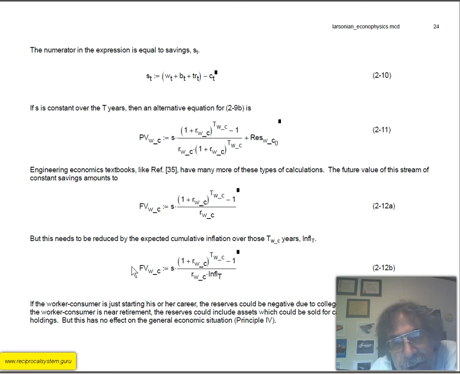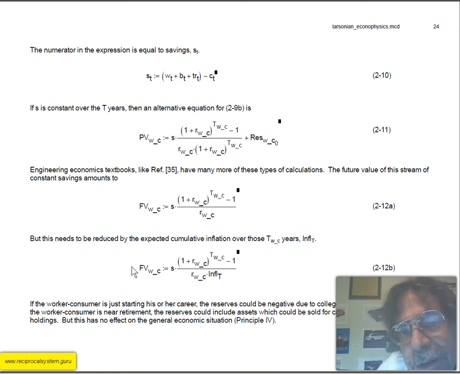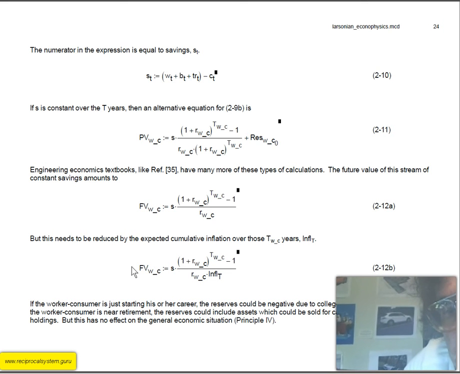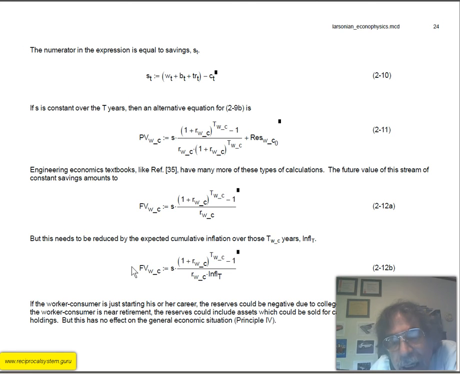If S is constant over the t years, then an alternative equation for 2-9b is: present value of the worker consumer is equal to S, that's the savings, times the interest factor, which is 1 plus R sub WC, up to the T sub WC, minus 1, divided by R sub WC times 1 plus R sub WC, up to the power T sub WC, plus reserves.